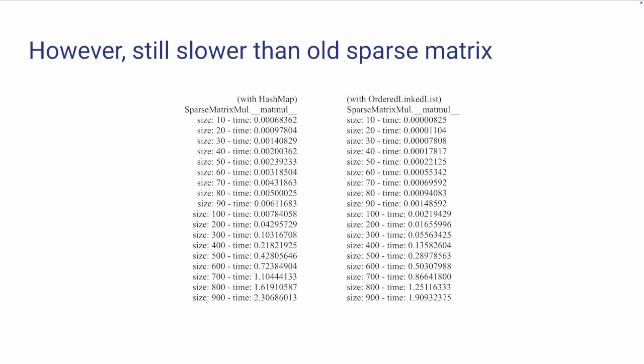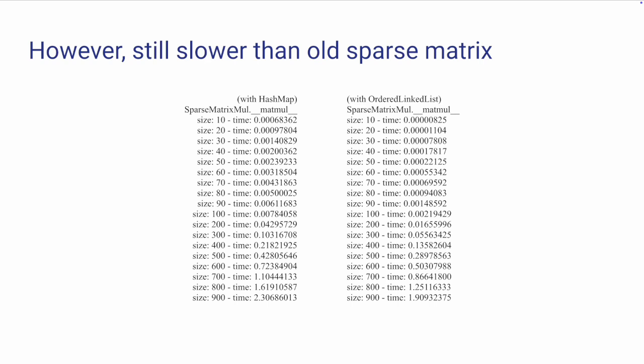Sparse matrices often have very few non-zero entries per row. If each row typically has only a handful of keys, the O(n) traversal in a linked list is effectively O(1) for a small number.